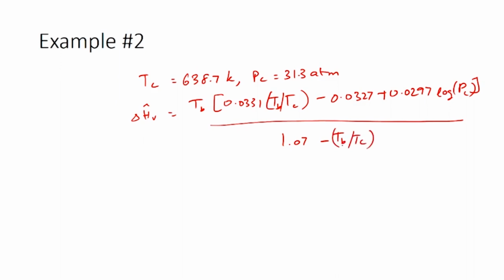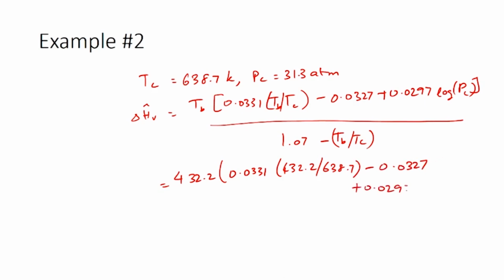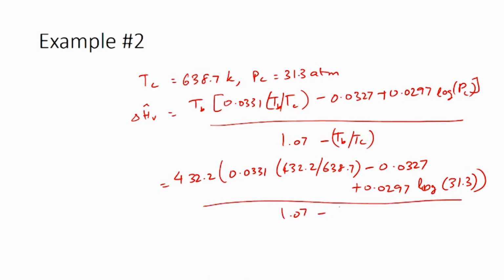Substituting the values we would get 432.2 times 0.0331 times 432.2 divided by 638.7 minus 0.0327 plus 0.0297 times log of 31.3, which is the critical pressure, divided by 1.07 minus 432.2 divided by 638.7.